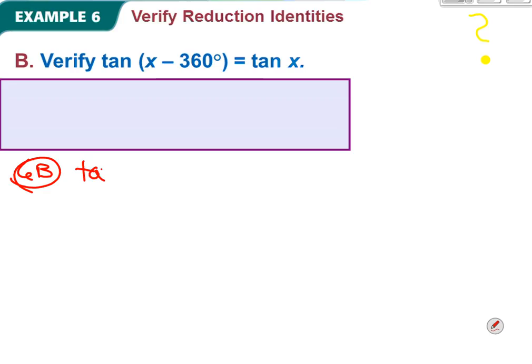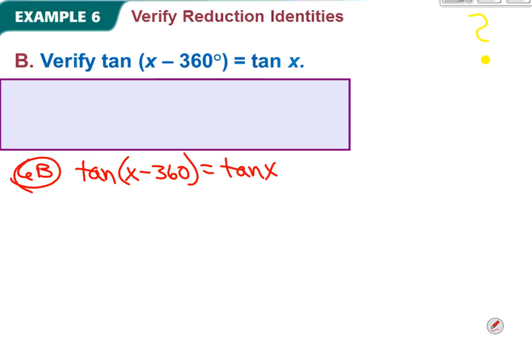So the tangent of x minus 360, we want to show that that's equal to the tangent of x. So this is a good one to do just because it gives us a different formula. So the tangent of alpha minus beta is tangent alpha minus tangent beta all over 1 plus tangent alpha tangent beta. There has to be two different adding and subtracting situations here, and tangent in the numerator, you start with whatever you were doing.